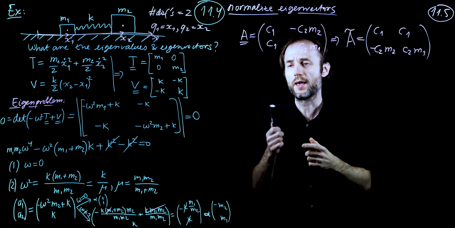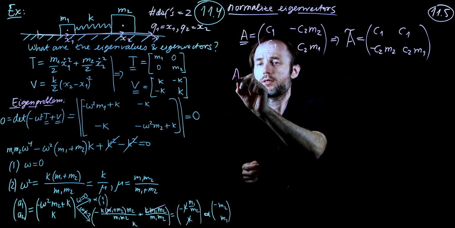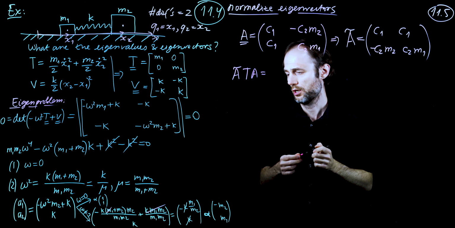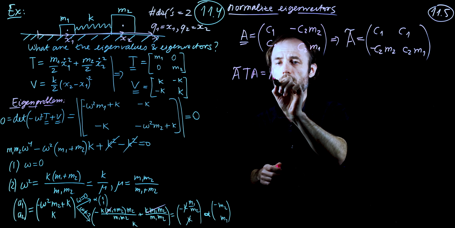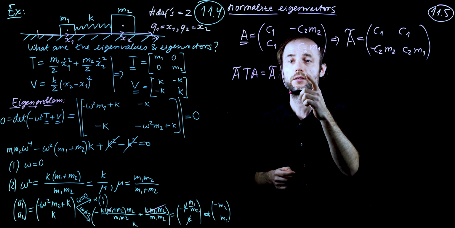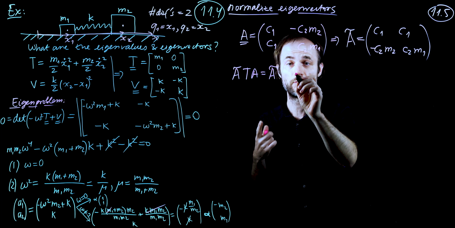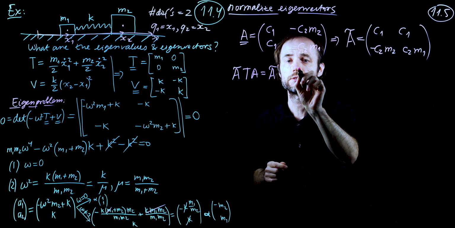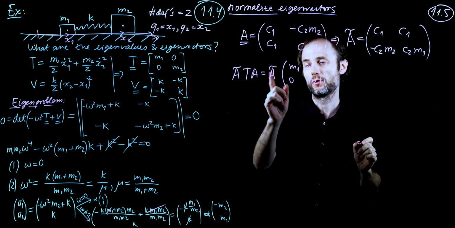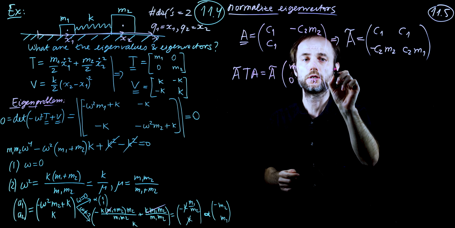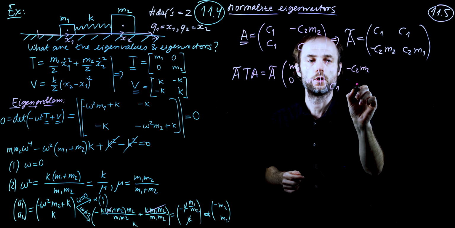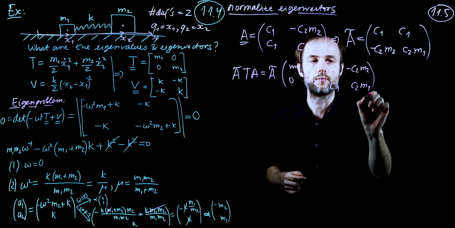So let us now compute what is A tilde times T times A. Let's leave A tilde out for now, and multiply T by A. Remember, T is right here. It's M1, 0, 0, M2. And we need to multiply it by A, which is right here: C1, minus C2 M2, C1, C2 M1, right?